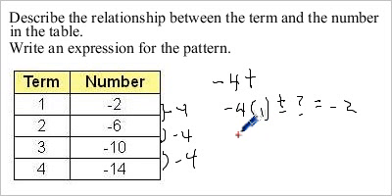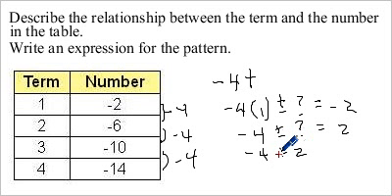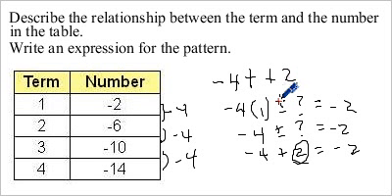So what can we add or subtract to -4 to get -2? You might be able to see that you need to add 2. So -4 plus 2 equals -2. There should be a negative there. So we can see that our constant is going to be 2. So our expression will be -4t plus 2.